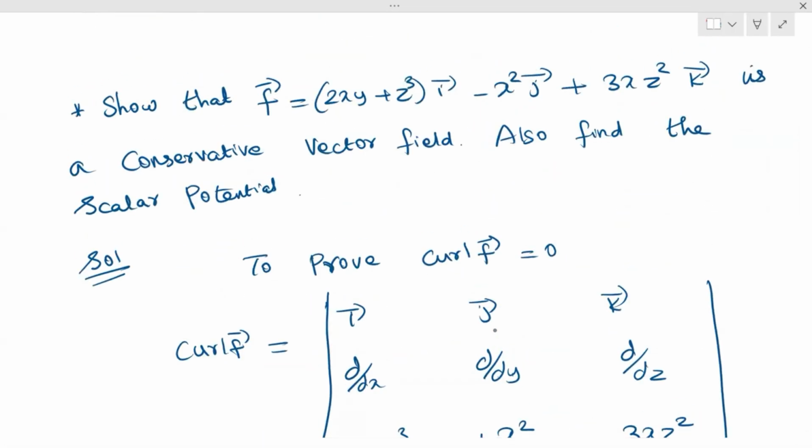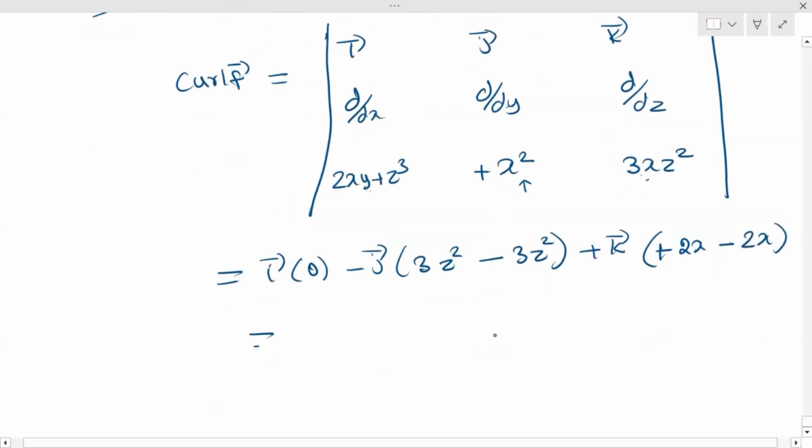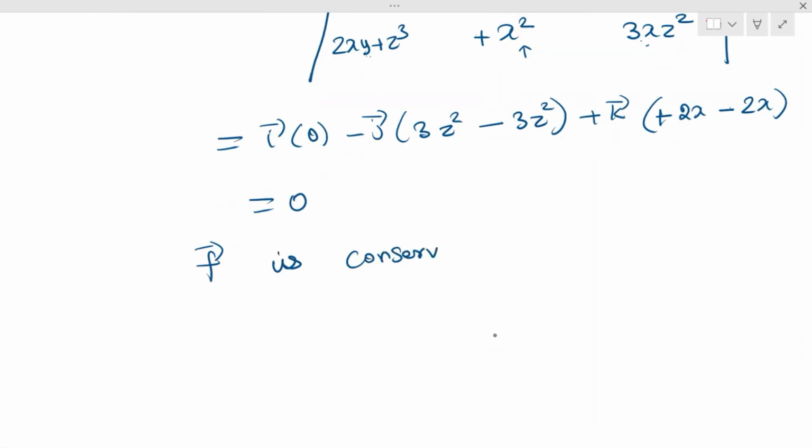So here the correction is plus x square. So dou by dou x of this one is 2x minus dou by dou y of this one also 2x. So we are getting curl of F is 0. So F vector is a conservative vector field.